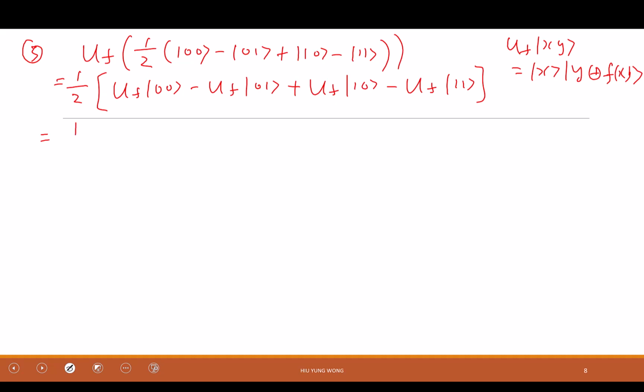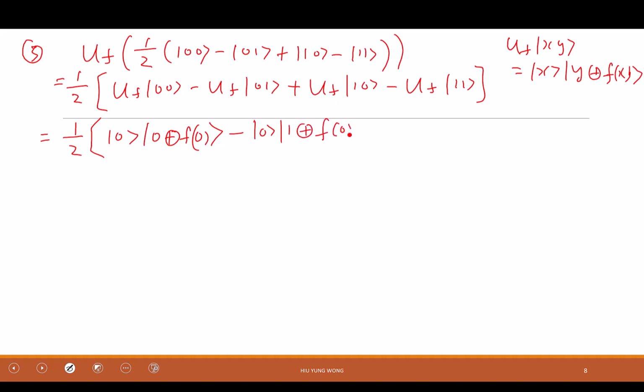So with this, let me do this. 0, 0 becomes 0, 0 exclusive-or f of 0. And then 0, 1 is what? Okay, you are very fast. I don't do negation yet.